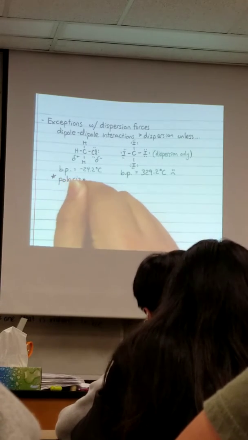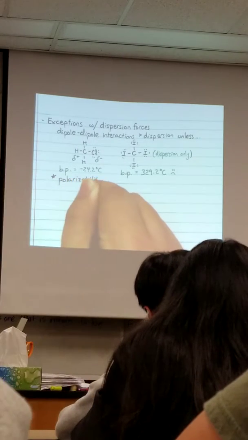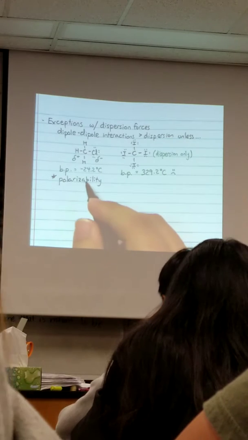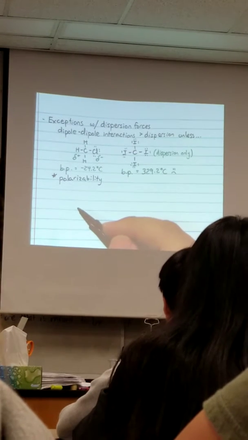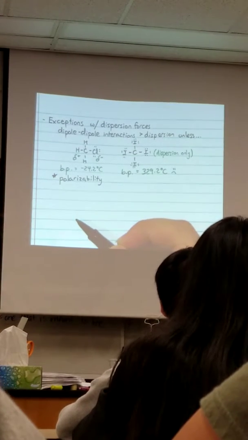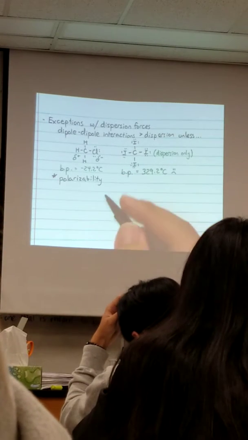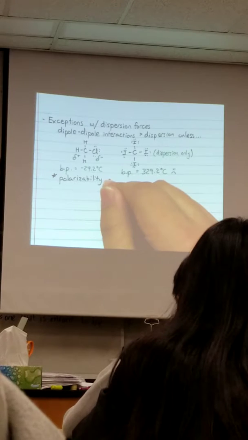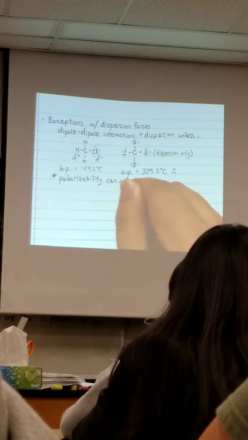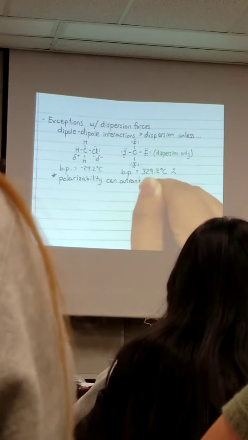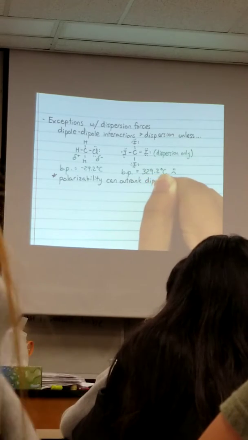Polarizability again. Now we said, generally speaking, we would use polarizability as a tiebreaker procedure if we had looked at two species that had dispersion only. However, polarizability has a chance to outrank dipole-dipole. Okay, how often?